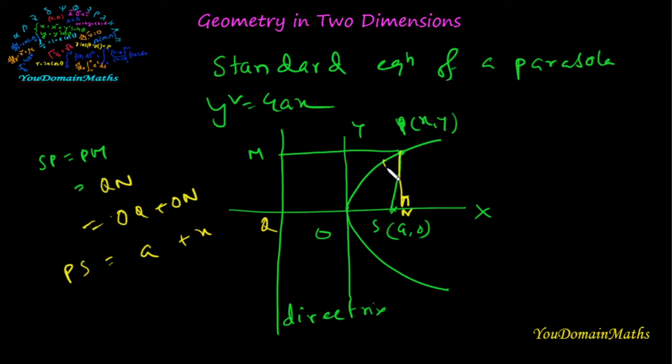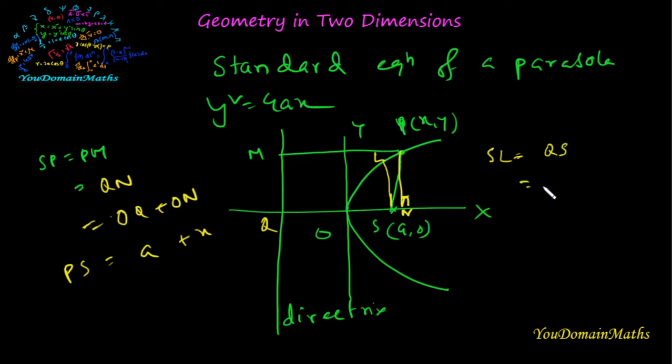Now take another straight line parallel to PN, that means perpendicular to the x-axis, and that is L. So what is the length of SL? The point L lies on the parabola. So SL is the focal distance, and SL is half of the latus rectum, and SL must be equal to QS.